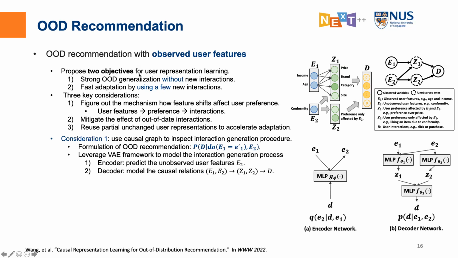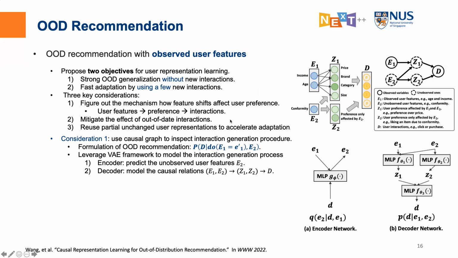To achieve these two objectives, we have three key considerations. One is to figure out the relations behind this figure. Another is to mitigate the effect of outdated historical interactions from previous environments. And then we use the partially unchanged user preference to accelerate the adaptation: some user preferences change, but some do not, so we can reuse some of them.